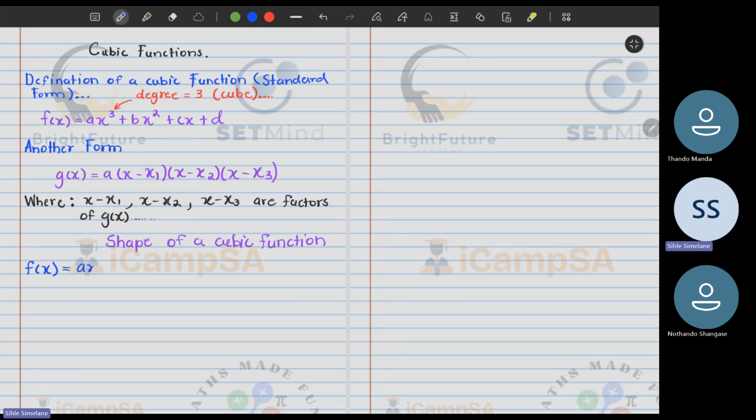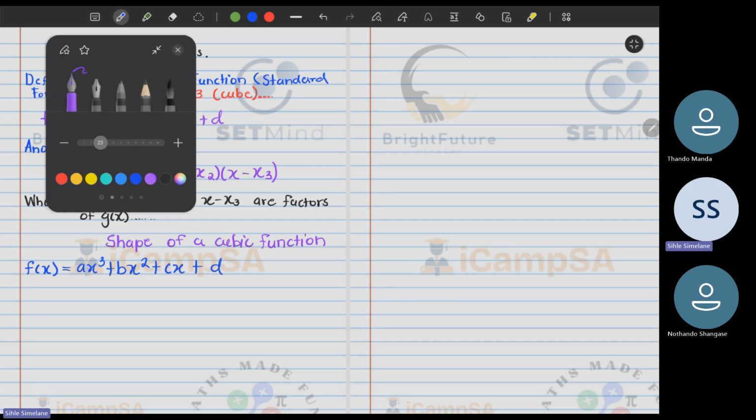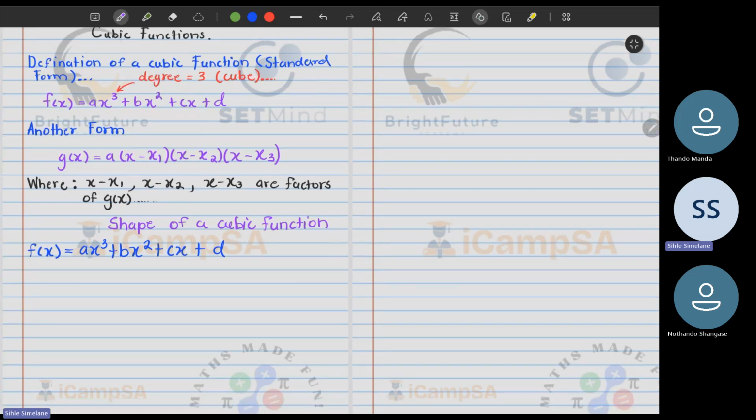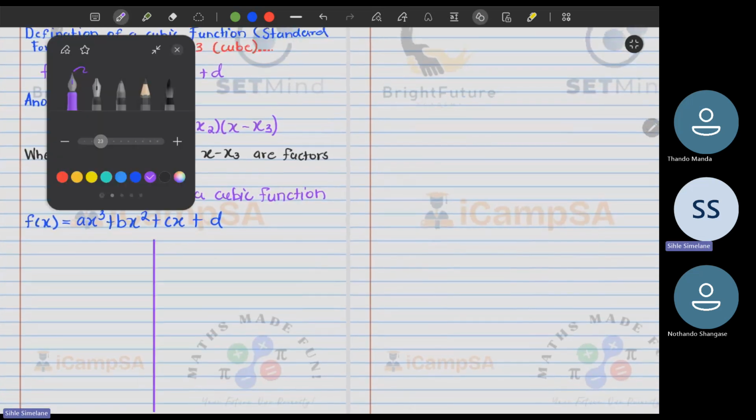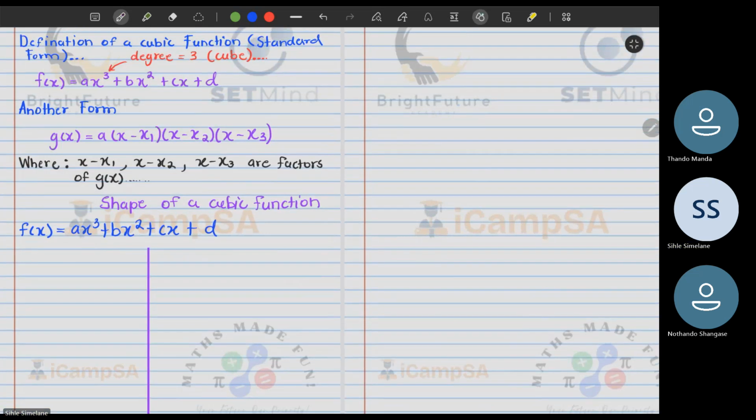We'll use this one, ax cubed plus bx squared plus cx plus d. So our cubic function can be in two ways. So it can look something like this, okay? Or it can look something like that, okay?